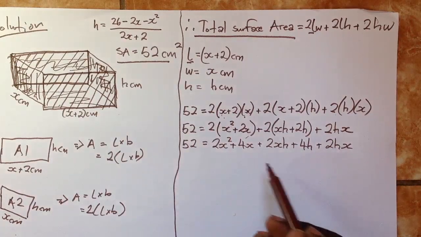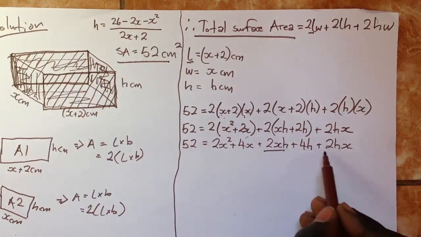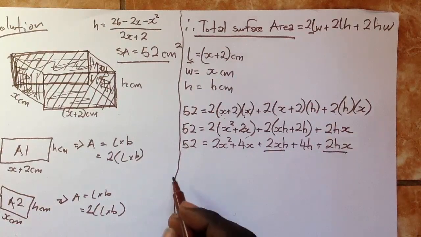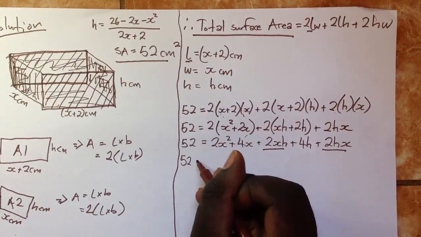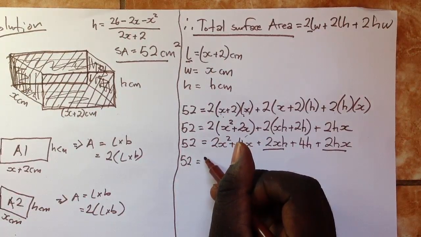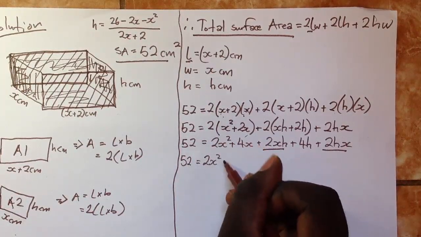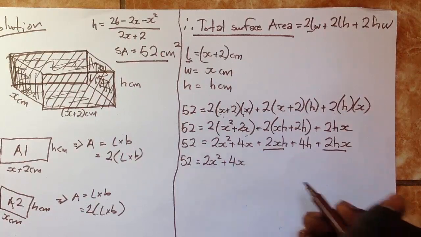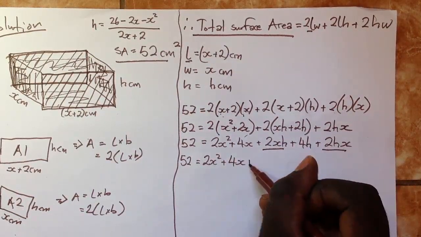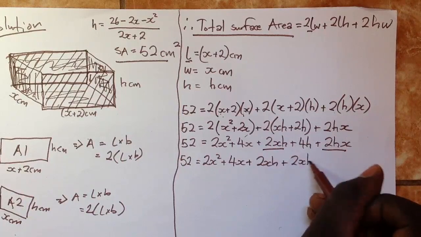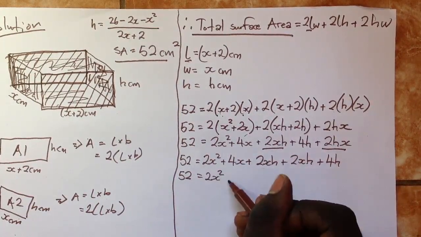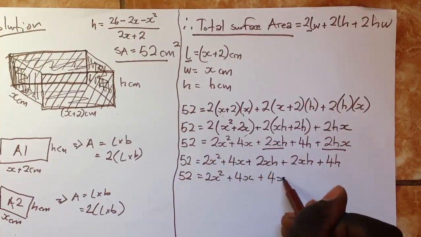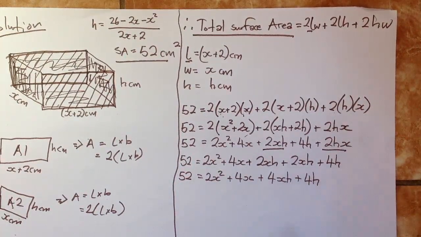At this point, we can see if we have any like terms that can be added together, and we have 2xh and 2hx, which are two like terms. Since hx is just the same as xh, adding them we finally get 4xh.